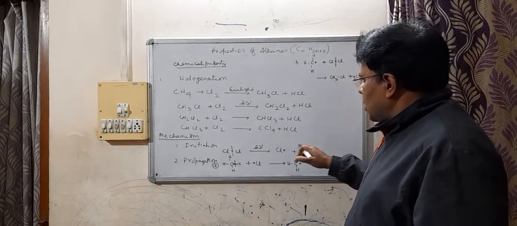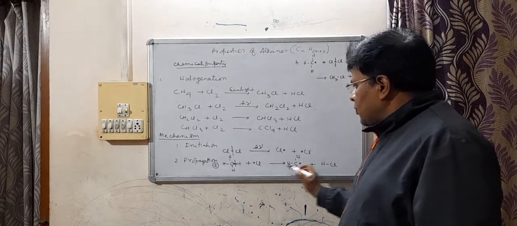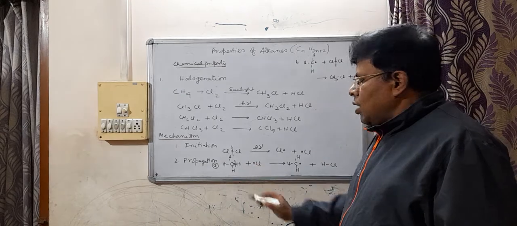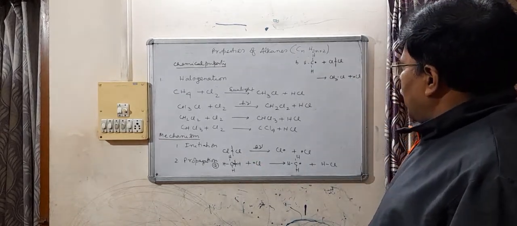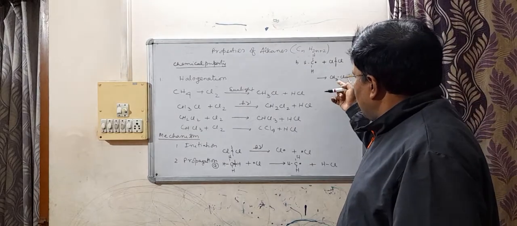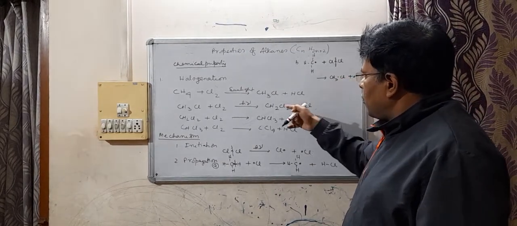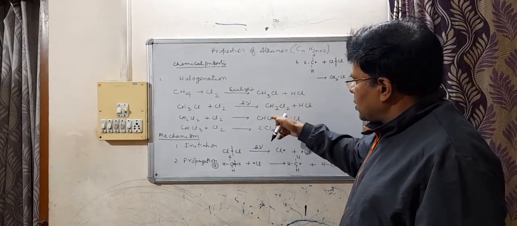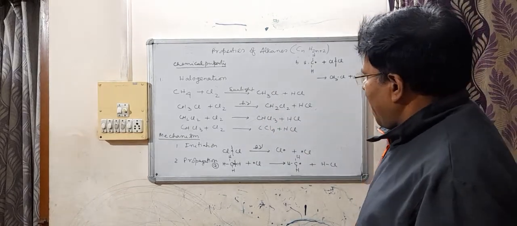Since the B process always takes place after the A process, after A comes B, then after B again A, that's why it is called propagation. In the same way, you should try to account for the formation of this compound yourself.